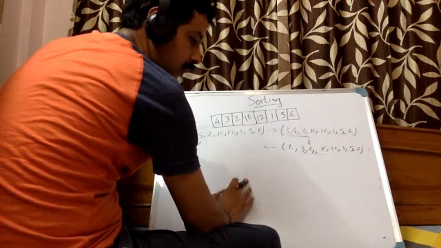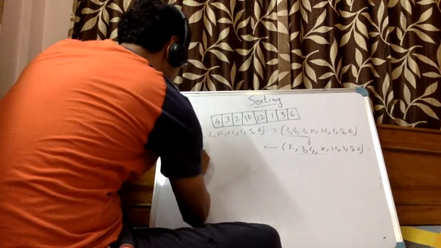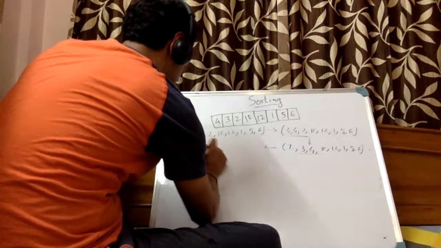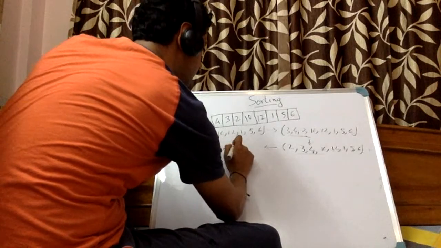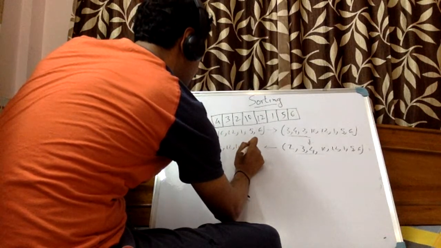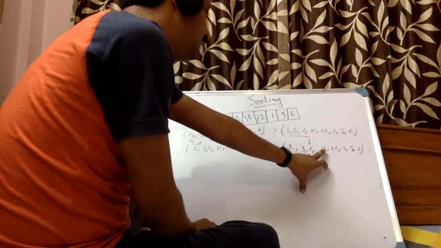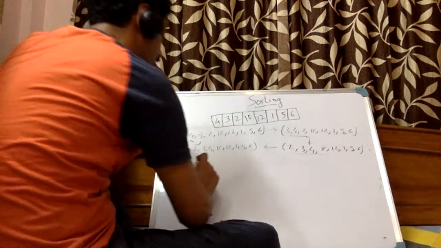So what will happen? The list looks like 2, 3, 4, 10, 12, 1, 5, 6. Why? Because already 4 is less than 10. That's why nothing happens in between them.